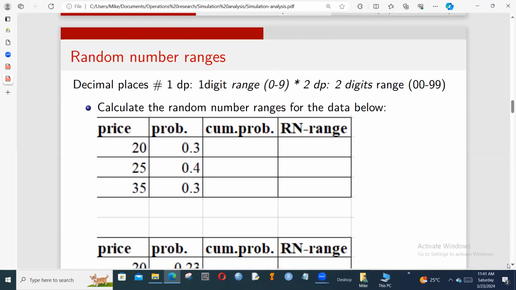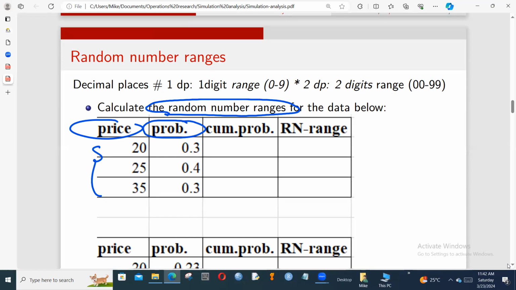So maybe before we look at those practical examples, we need to understand, first of all, how to calculate or create random number ranges. As we have seen, the procedure for us to be able to apply simulation properly, particularly this Monte Carlo simulation, is that we have variables. You can have a variable like price, and a probability for each outcome of price.